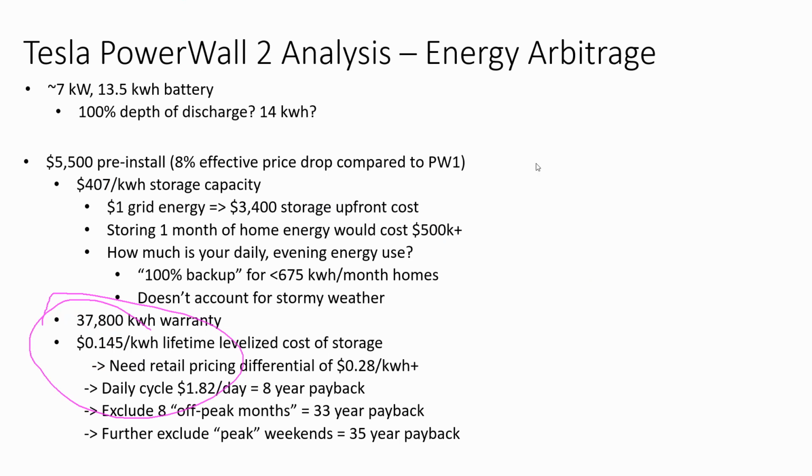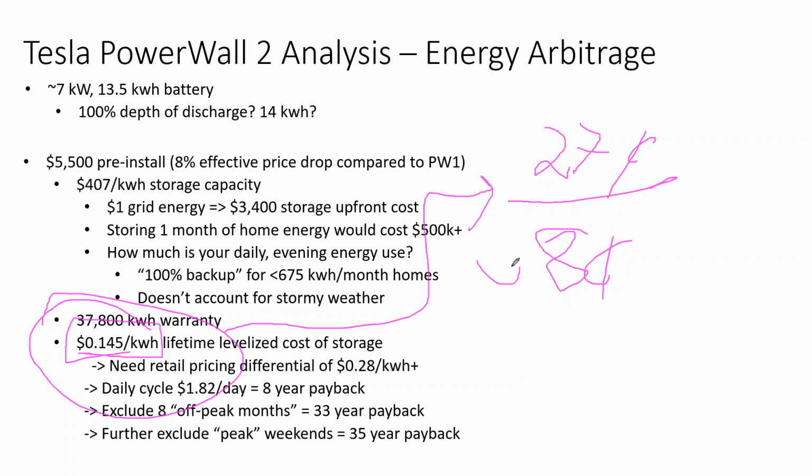Because if I look at, say, Southern Company's time of day rates in Atlanta, Georgia, they might give me 27 cents as a peak rate, and an 8-cent off-peak rate. But it's going to cost me 14 and a half cents effectively to charge at 8 cents and discharge when I would be billed at 27 cents.